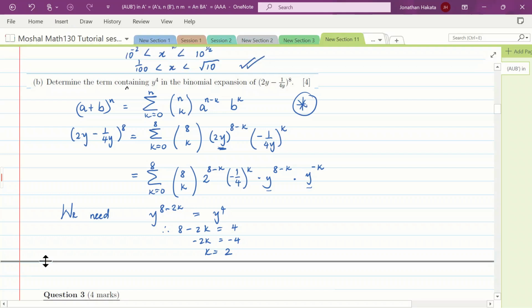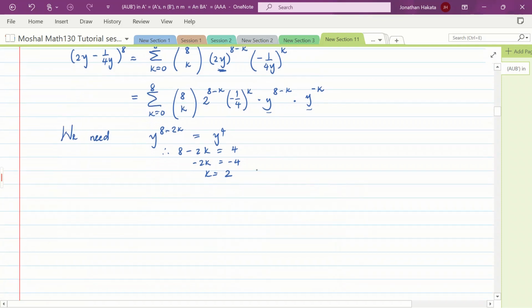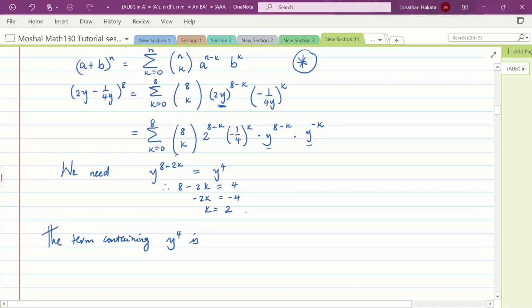Let me insert some space here. Okay, so now that we know the k that is responsible for generating the y to the power 4, the one that we want, we would say the term containing y to the power 4 is, the entire term, it starts from here. We neglect the summation sign because we only want a single term, so the summation is dropped.